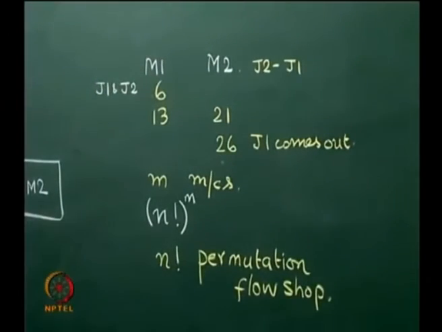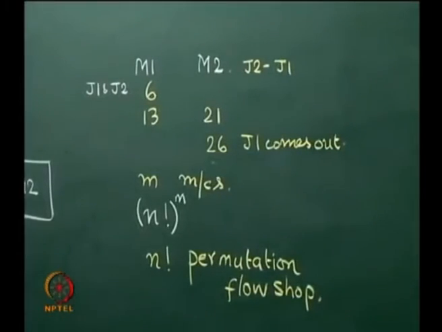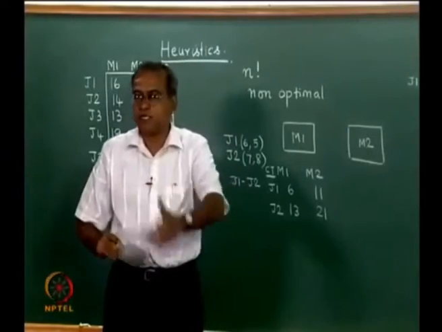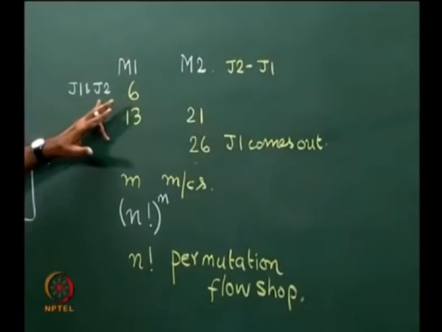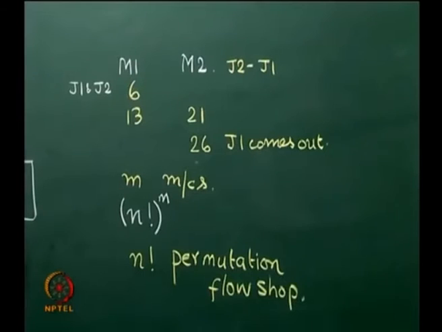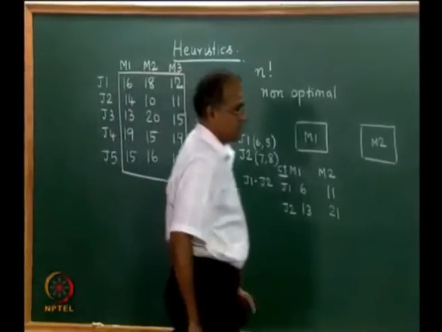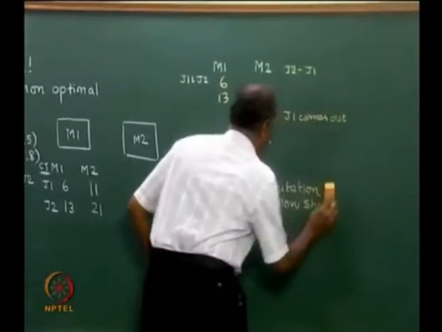So unless otherwise stated, flow shop would mean a permutation flow shop, and we will not look at non permutation flow shops where the order of visit on the machines is different. So far we have seen only permutation flow shops in this lecture series, and we will continue to look only at permutation flow shops. Now let us go back to the heuristics to solve the problem.